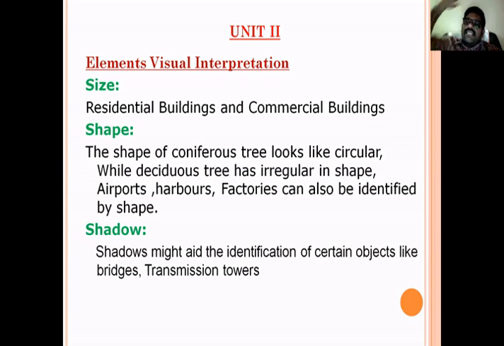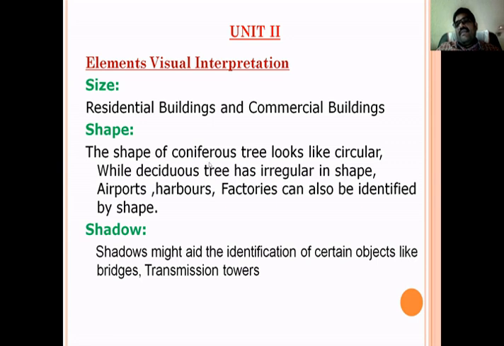Whereas the other trees do not hold such type of shape, so he can easily understand which type of trees are large in number, or whether the forest has these types of trees or not.